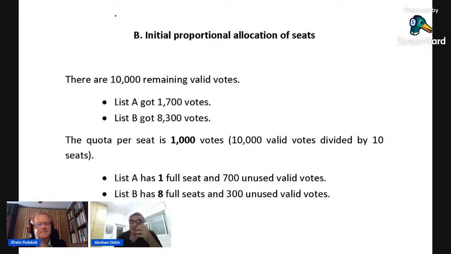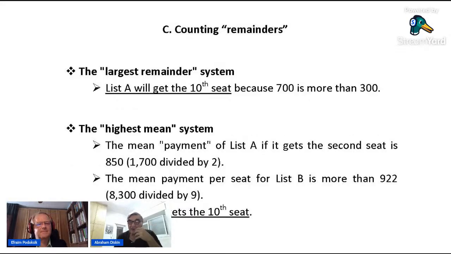One system which was used in many countries for many years is to say, well, we will allocate the additional seat to the party with the largest remainder. Party A got 1,700 votes. It has a remainder of 700.